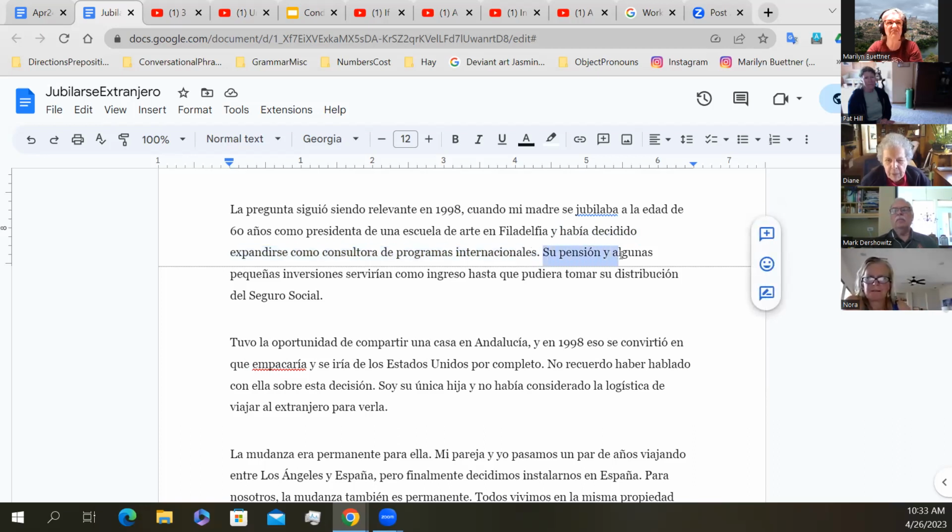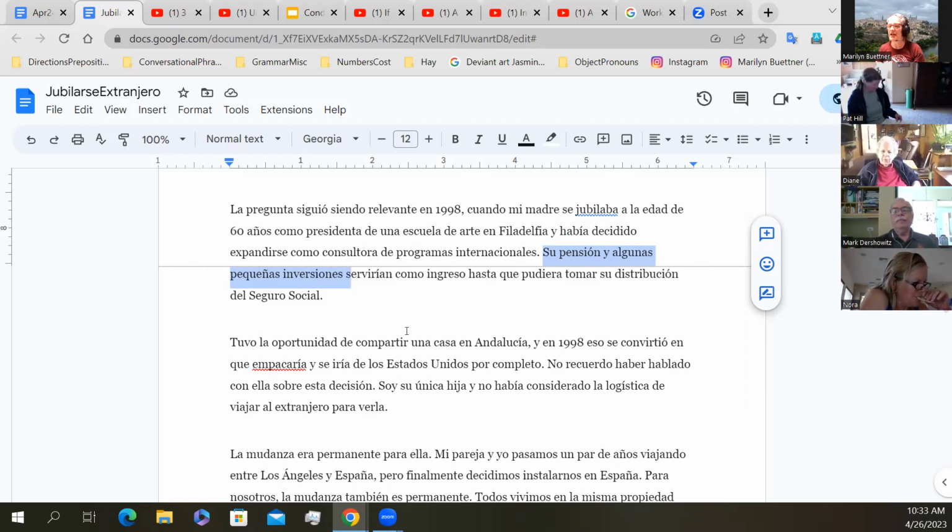Su pensión, you can figure that out. Y algunas pequeñas inversiones, and some small, inversión, you might need to look that up. Inversión es útil. Inversión is a useful word to know. Inversión means investment. And that sure looks like an inversion in English, but it does not equate as a cognate.